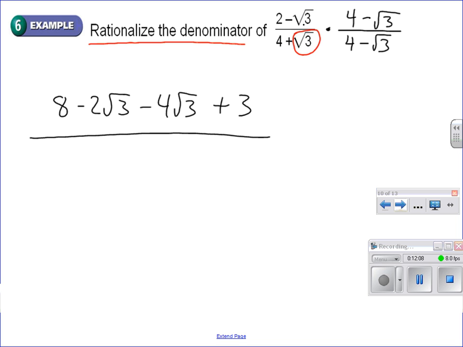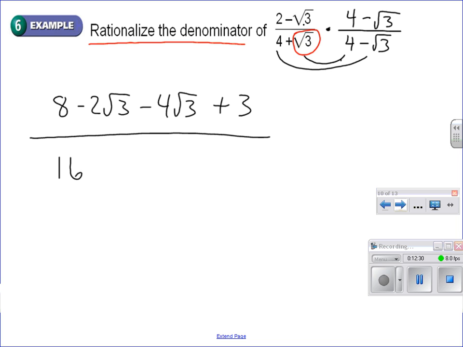That's my numerator. Now I have to go through with the denominator. 4 times 4 is 16. And this time I'm not going to show it, but I'm just going to draw the lines here. Minus 4 square root of 3 plus 4 square root of 3. So those go away.